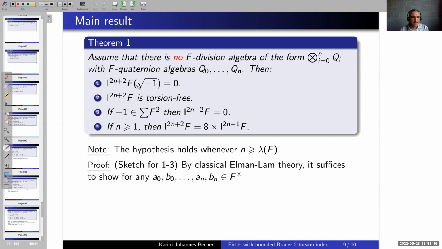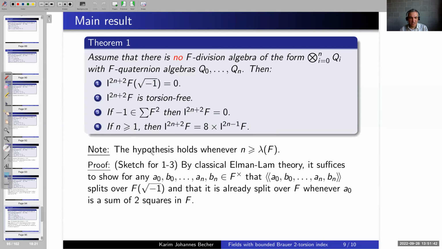And what you basically need to show for 1 is the following. You need to show about (2n+2)-fold Pfister forms over F, first of all, that they split over F(√−1), and secondly, that they are already split when they have a slot that is a sum of two squares. Remember that these are exactly the two scenarios of my propositions where I showed that under certain conditions the quadratic form must be split.